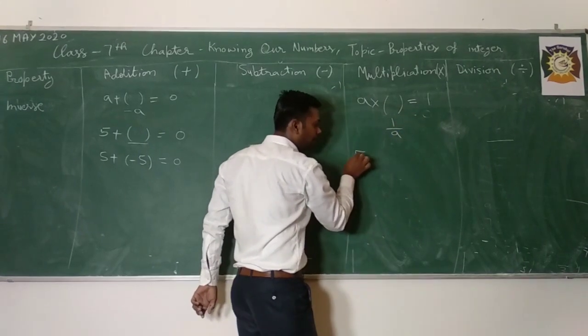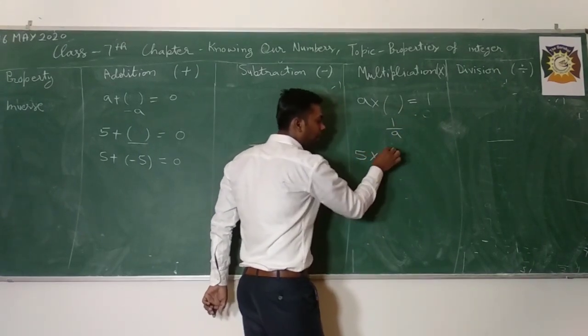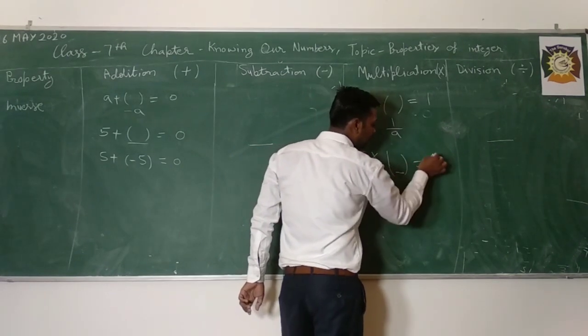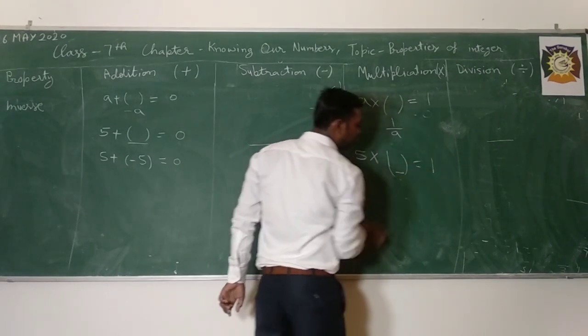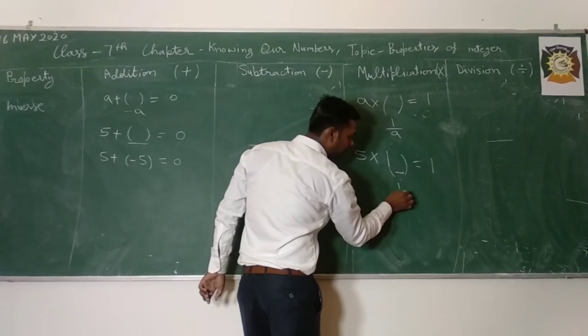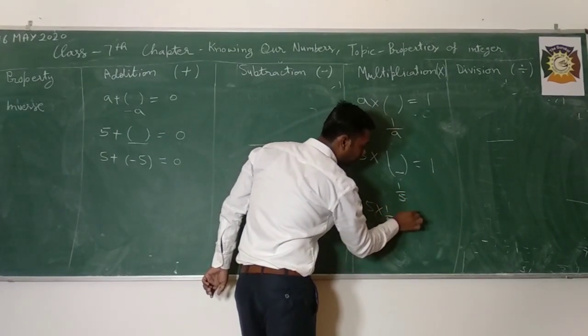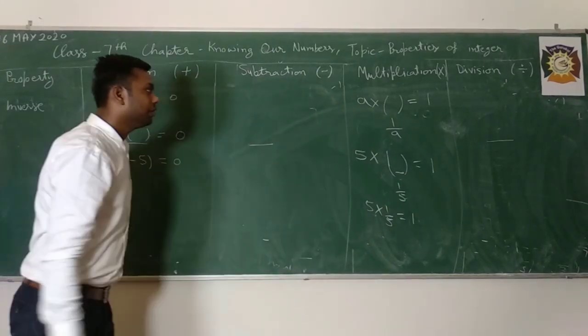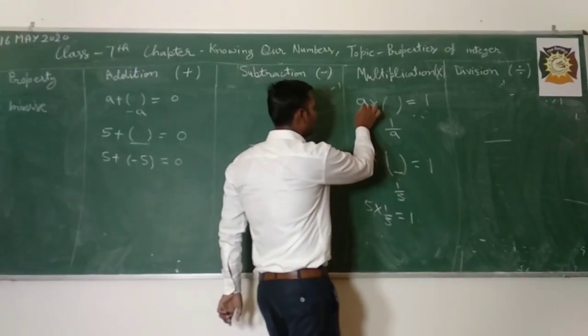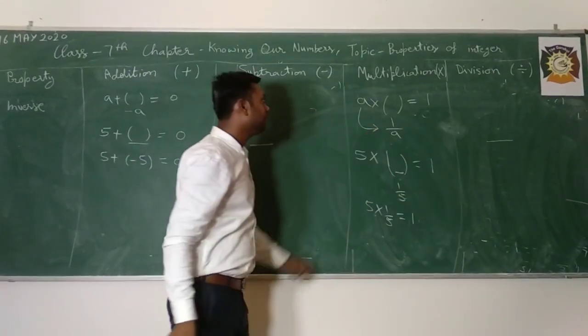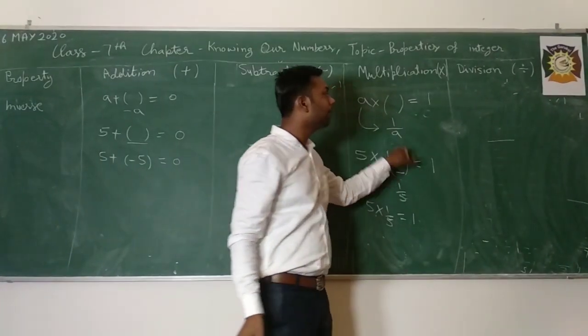See it with an example, 5. Multiply it with a number to get 1. We can multiply 1 by 5, that is 5 into 1 by 5 equal to 1. Or we can simply say that the multiplicative inverse of an integer a is 1 by a.